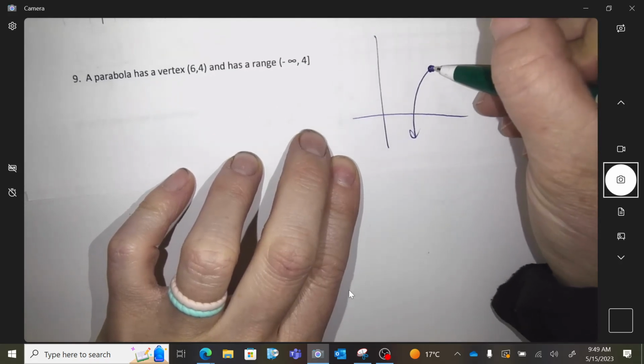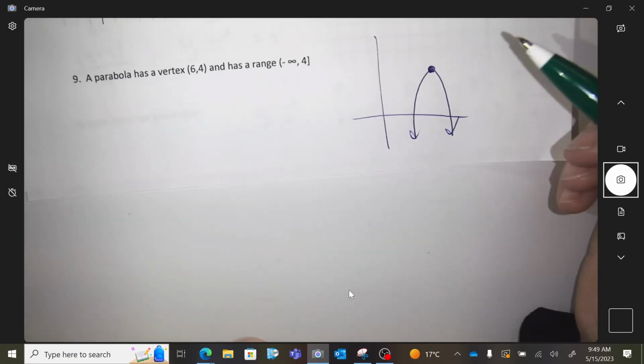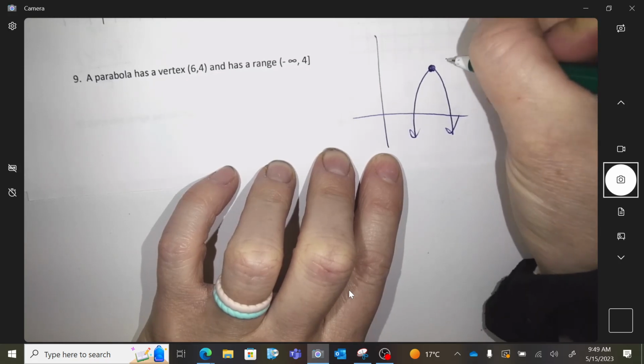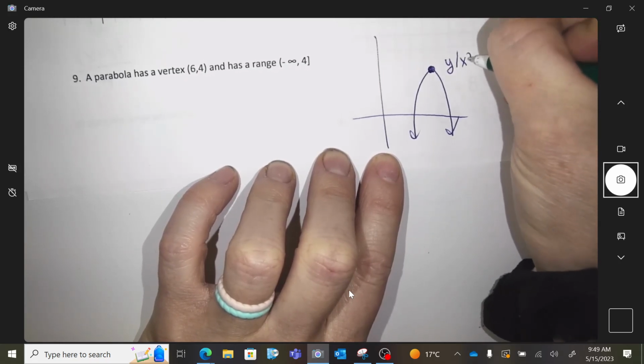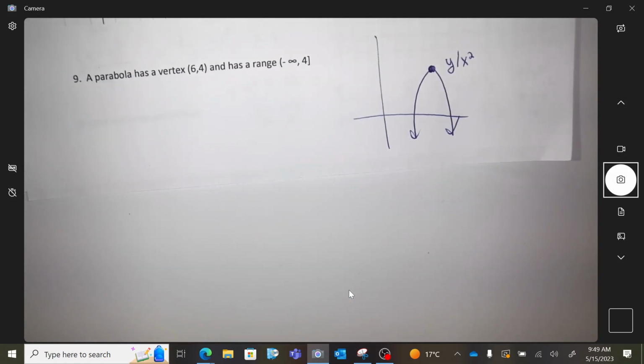So the range, so this is my parabola. Okay, so when it looks like that, it's going to have a y and an x squared, right? That's the type of parabola it is.